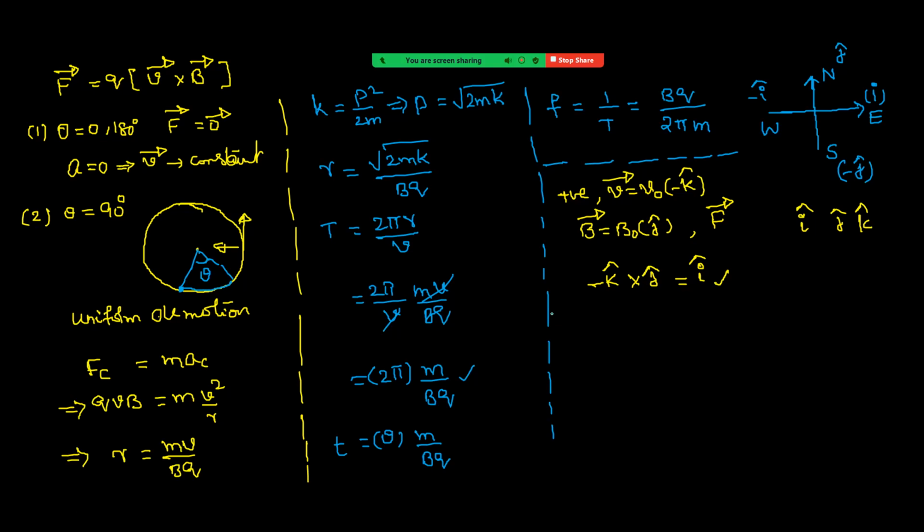Suppose velocity vector is along positive x-axis and the magnetic field vector is along y-axis, j cap.